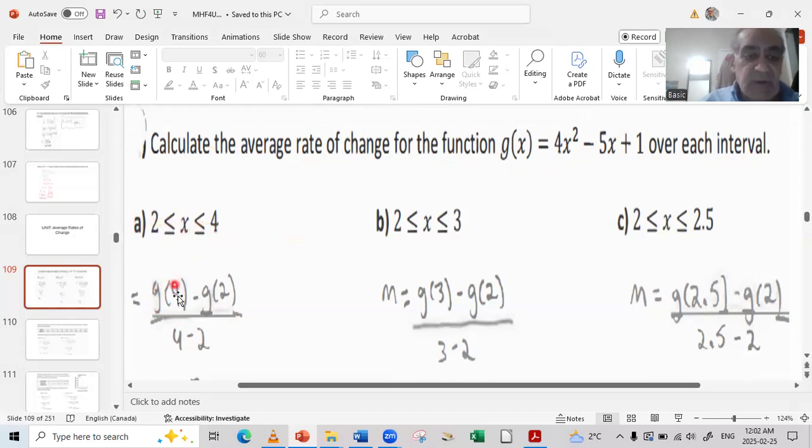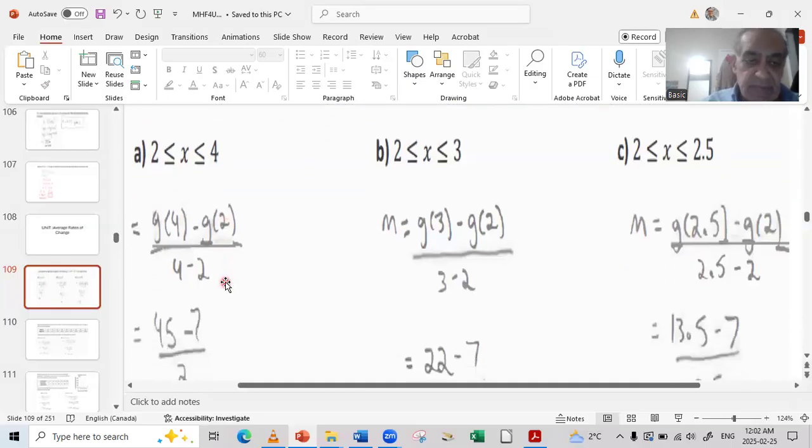I will calculate g of 4, and the other I will calculate g of 2, because it ranges from 4 to 2. Okay, guys, g(4) minus g(2) divided by 4 minus 2.